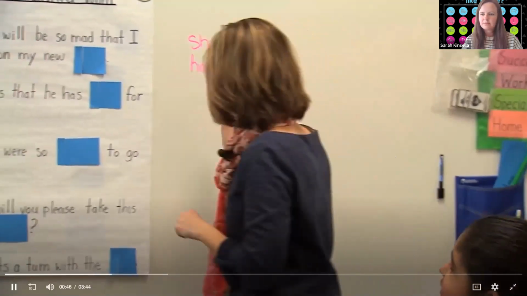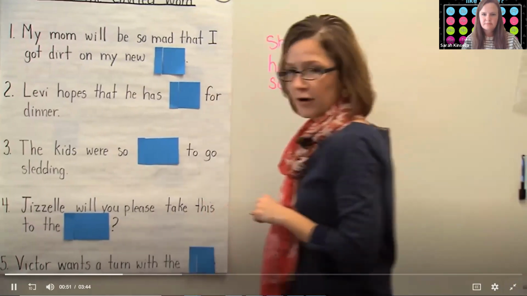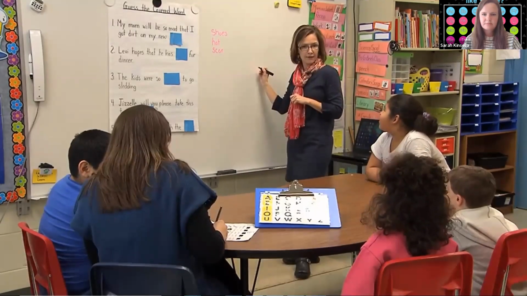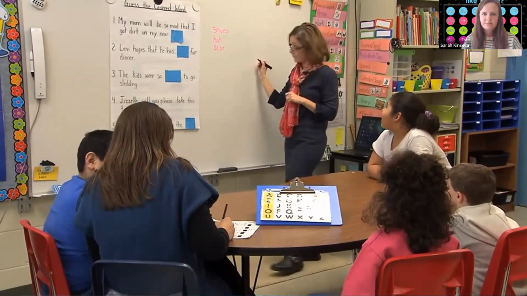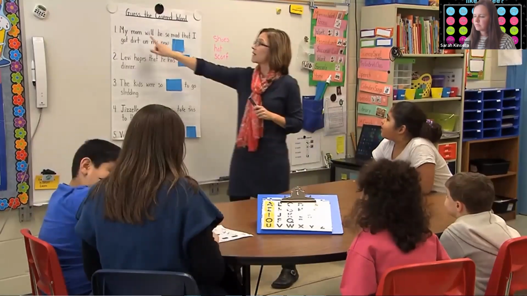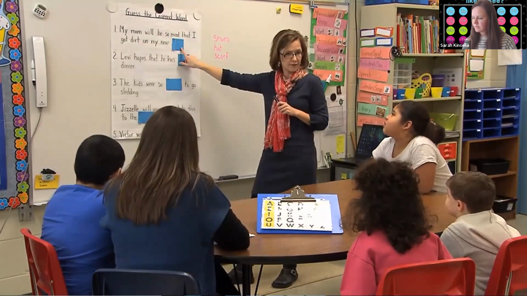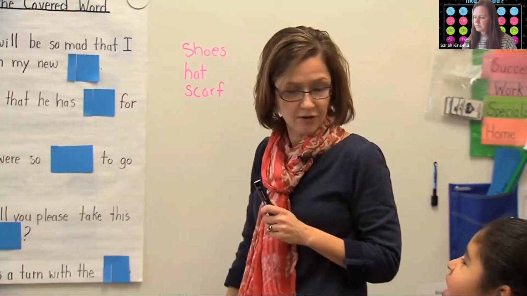S. Scarf. What's at the end of scarf? F. Very good. Does that make sense? My mom will be so mad that I got dirt on my new scarf. You could get dirt on your scarf, couldn't you?